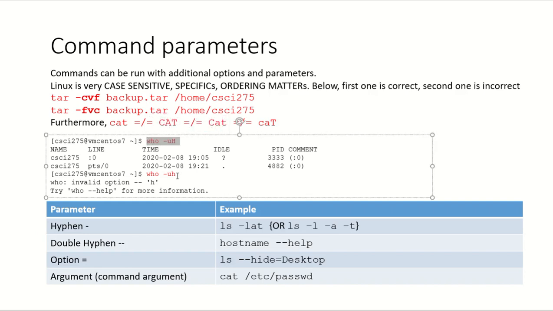If I change the H from uppercase to lowercase, it complains about an invalid option, simply because in Linux, lowercase h is much different from uppercase H. So you can see additional parameters, symbols that you have to use.